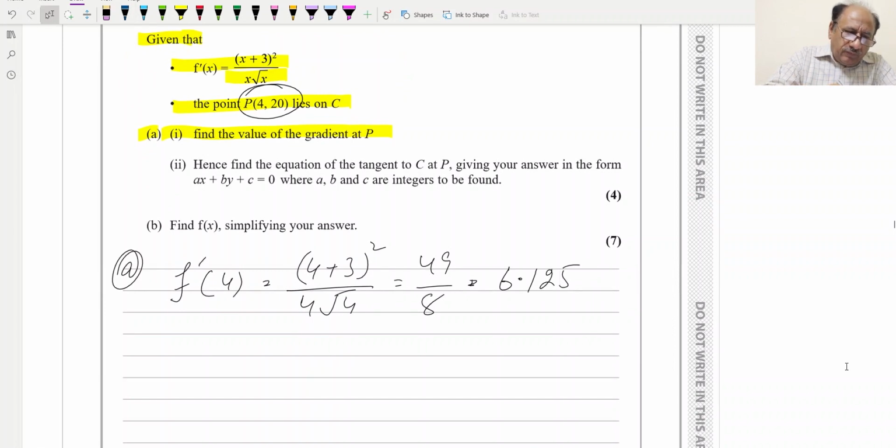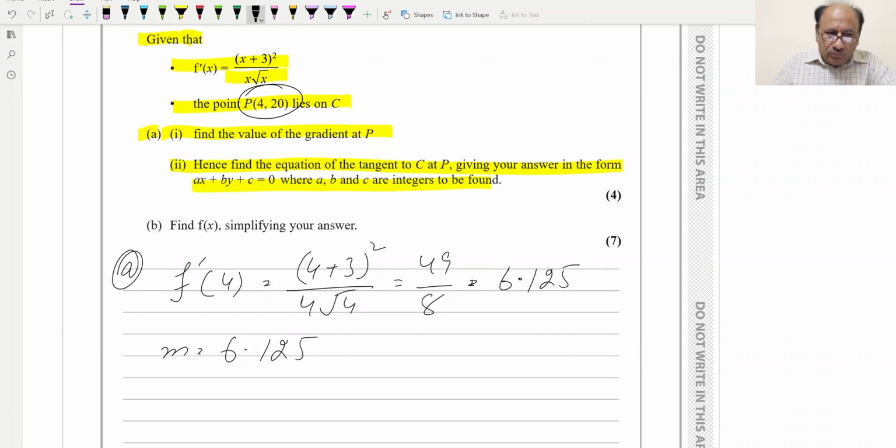This will be the decimal value, the value of the gradient at P. Now for part B: hence find the equation of the tangent to C at P, giving your answer in the form given. So we need the gradient m, which is 6.125, and the point P, which is (4, 20).